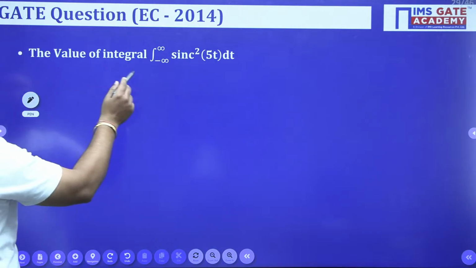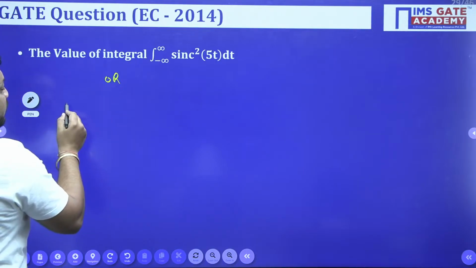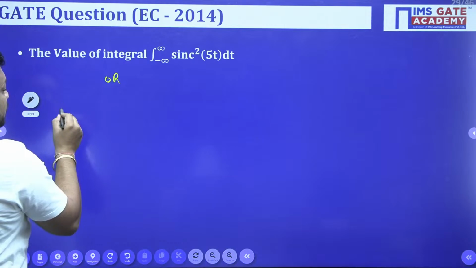The value of the integral. This question the examiner can also ask that find energy of signal.